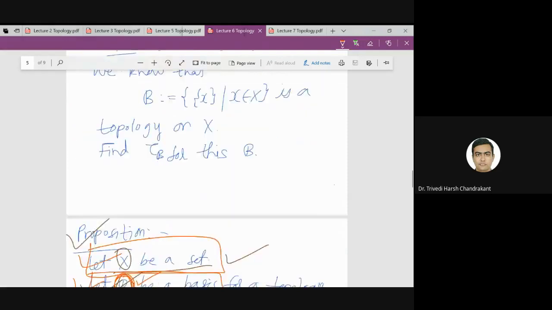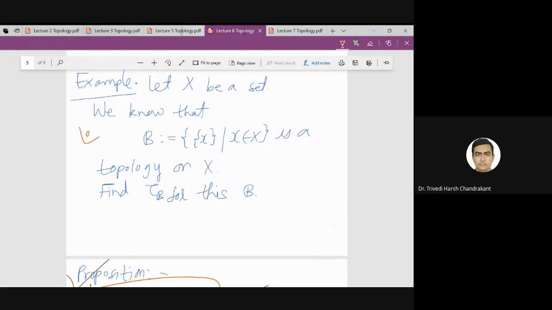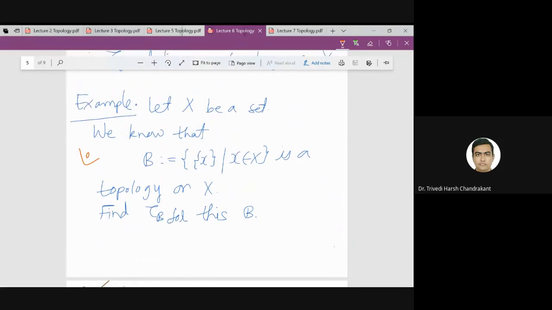So now let us go to this particular example. We were discussing that if X is any set, finite, infinite, real numbers, R2, whatever, we know that we can define this basis on this set, whatever set is given.